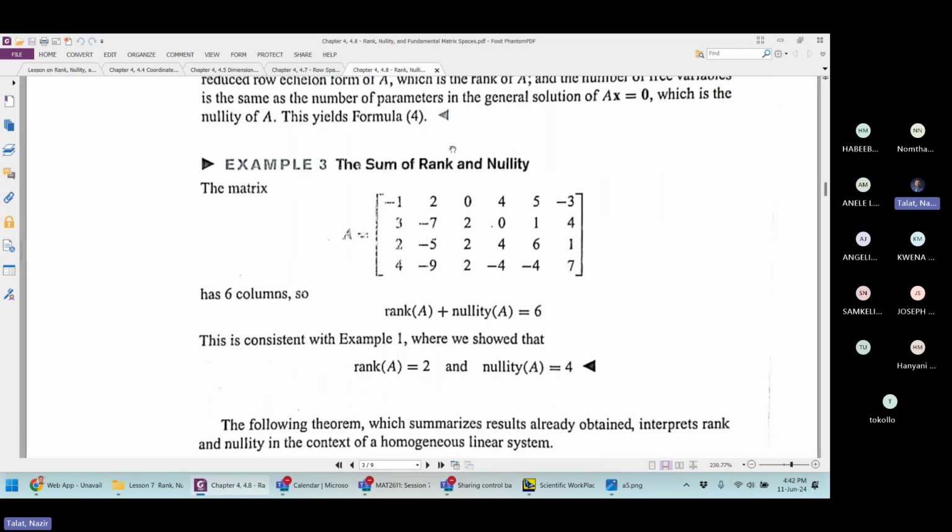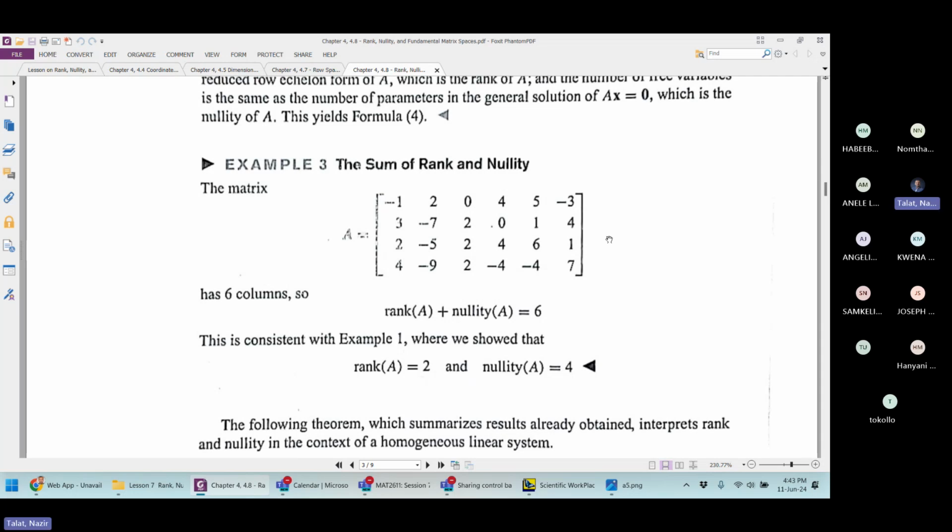Similarly, if you know the rank is 2, then the nullity is equal to 4 in that case, because the total becomes the number of columns, which is 6. This fundamental theorem we can always verify. For instance, if someone asks you that in a matrix A there are two non-zero rows, then what will be the nullity?